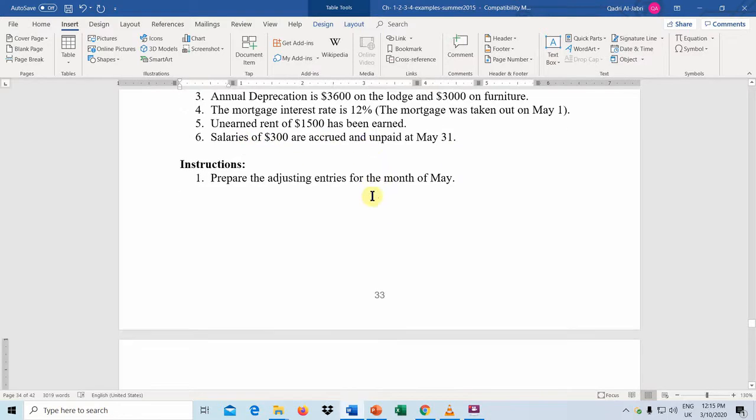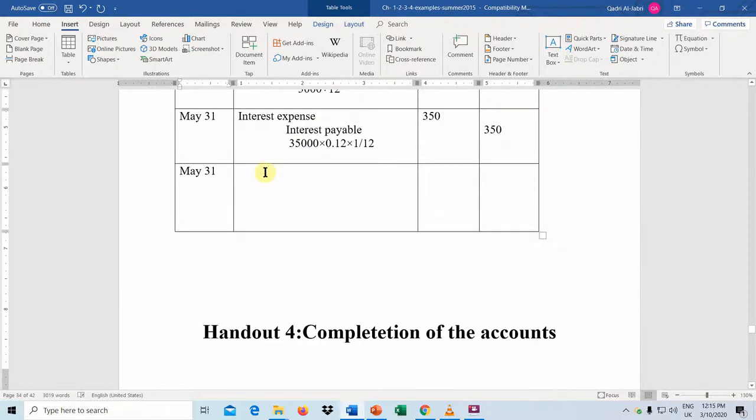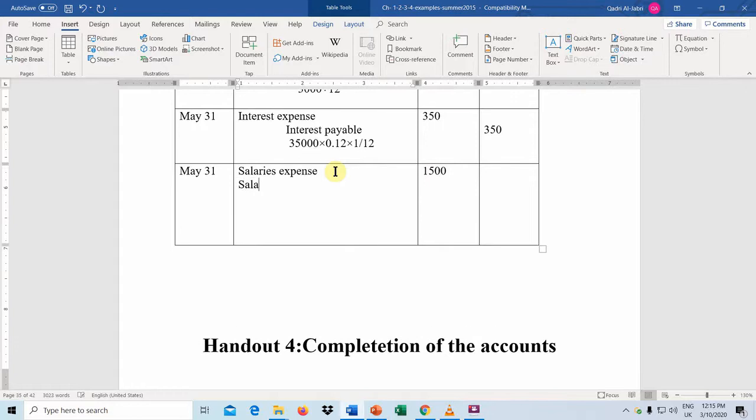So the adjusting entry for this one will be a debit for salaries expense for 1,500, and we have a credit of salaries payable for 1,500, and this is the end of this exercise.